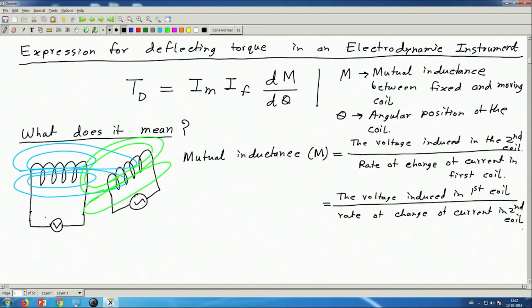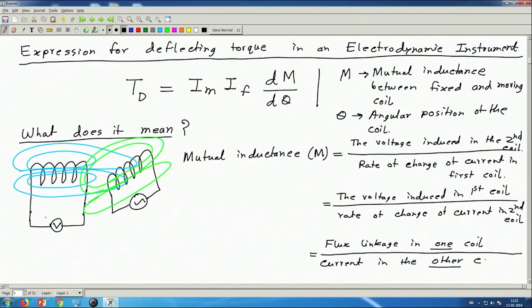This also can be written as, you know that another possible definition is flux linkage in one coil divided by current in the other coil.